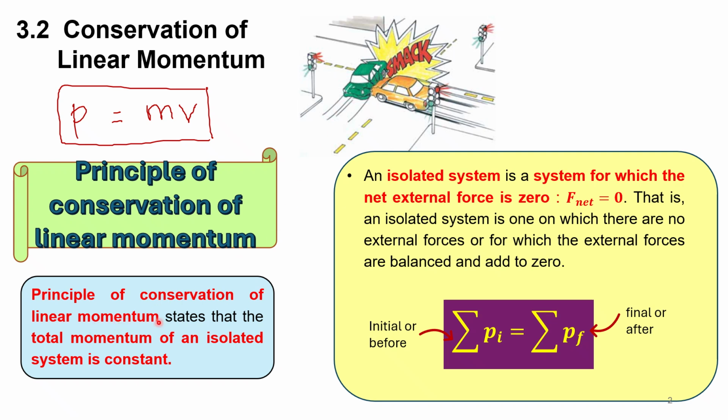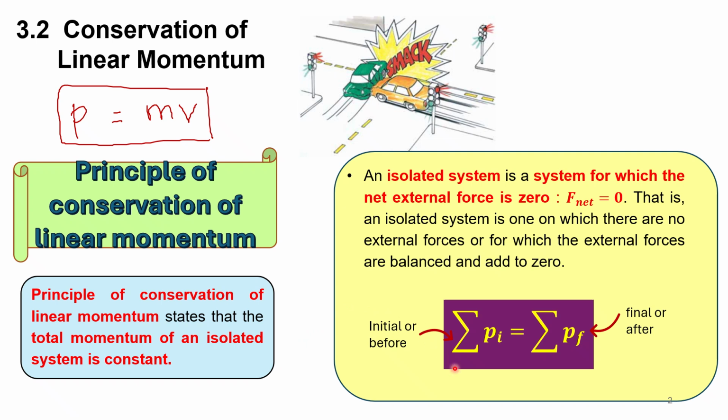So when the principle states that total momentum of an isolated system is constant, that means total momentum before the collision is equal to the total momentum after the collision.